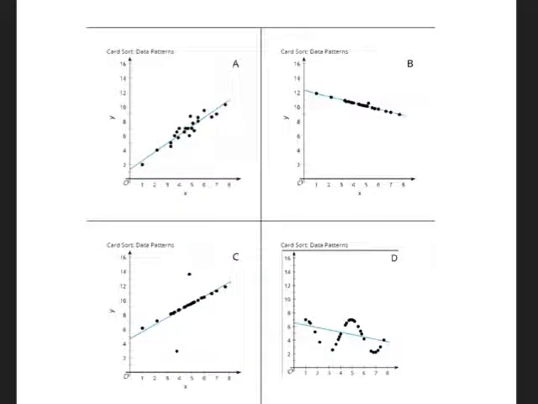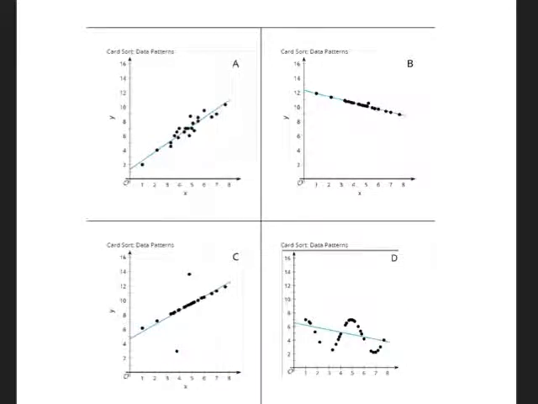All right, so for A, it's a good linear model, and B, also a good linear model. C, good linear model. There's 2 outliers though. I guess I should go back. A, as X increases, Y increases. B, as X increases, Y decreases. C, as X increases, Y increases.